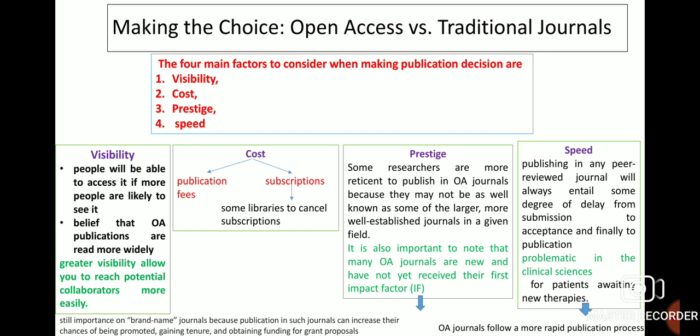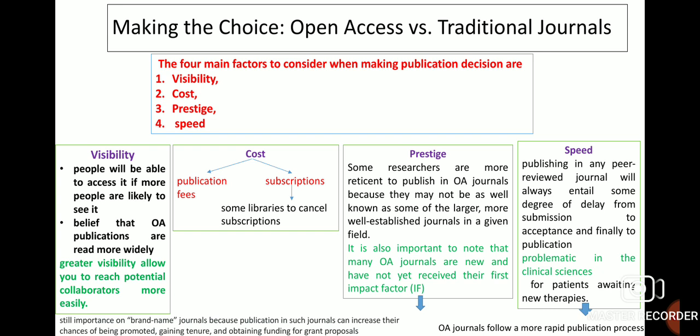The third factor when deciding which journal to go for is prestige. Some researchers are more reluctant to publish in open access journals because they may not be as well known as some of the larger or more well established journals in a given field.